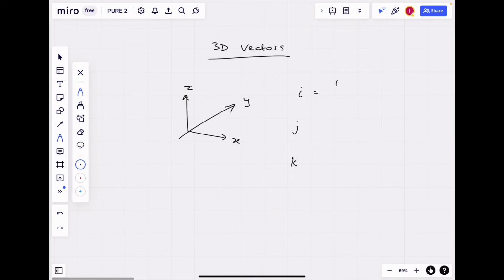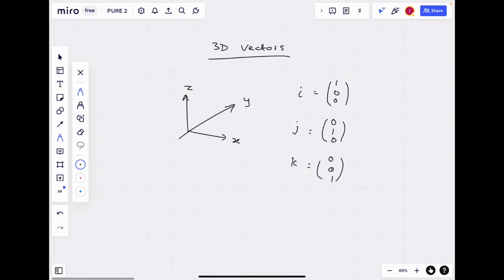i can be represented by this column notation, j is this column notation, and k is this column notation. The way you solve vectors is the exact same though. Working out the magnitude is going to be the same way.